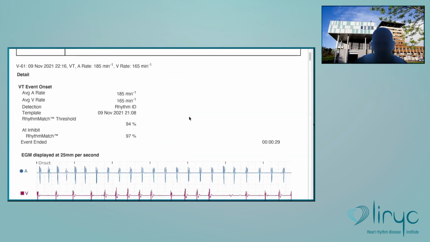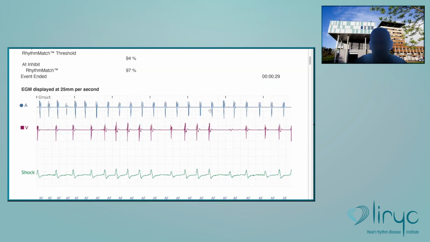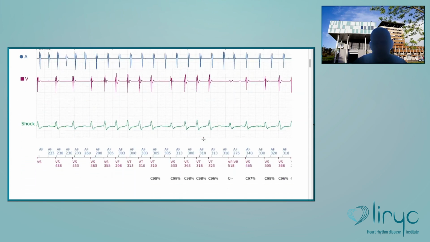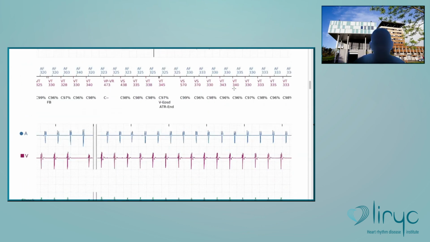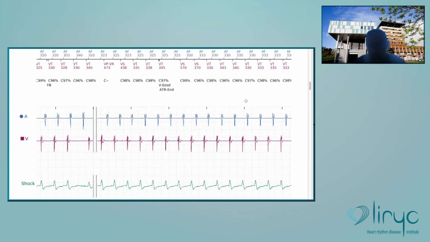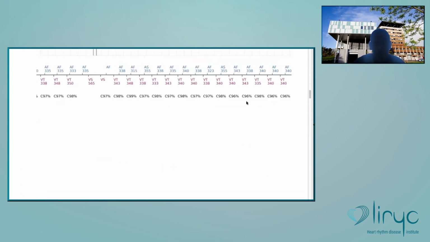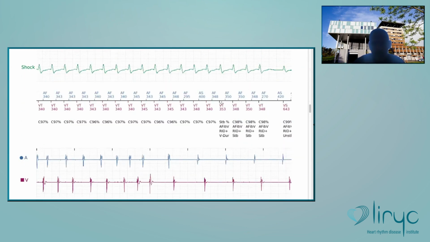Okay. Now it's an episode of atrial tachycardia. You see here the same. I will not show you all the examples, but if it works well, it works well. The percentage is high. And at the end, you see here, AFib, it is stable, but this one is more important.